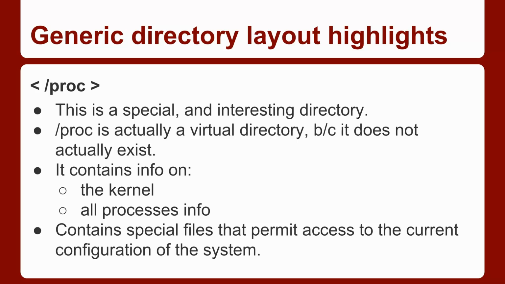So /proc is a very special case. It is a virtual directory and does not exist on the file system. It is a construct of the process scheduler of the operating system, and it contains info on the kernel and all the processes. So it contains special files that permit access to the current configuration of a process in the system, and for certain security aspects, it allows you to configure ASLR, for instance.